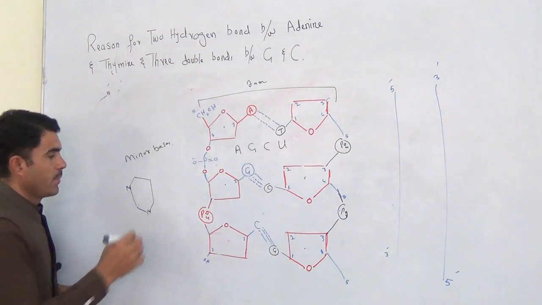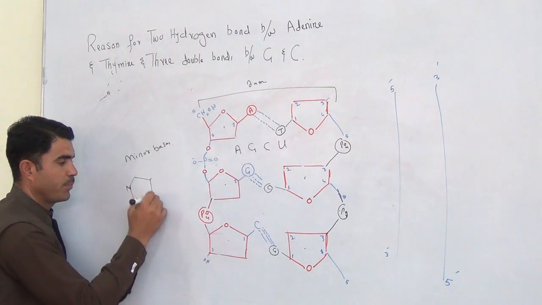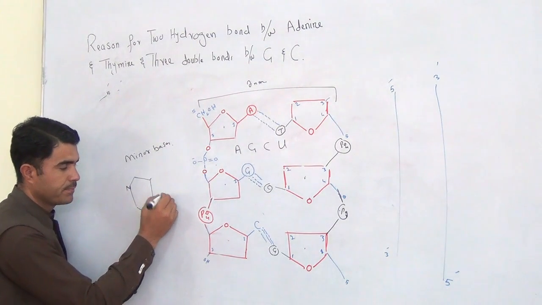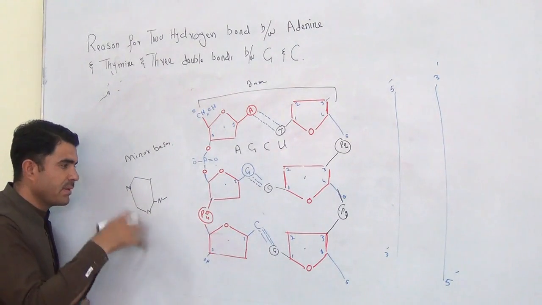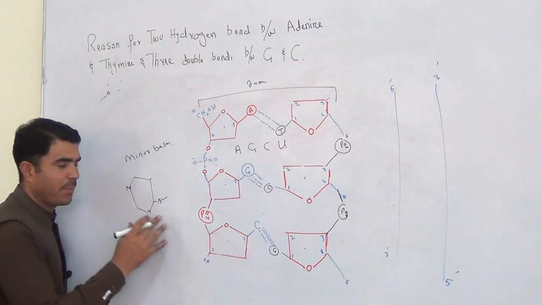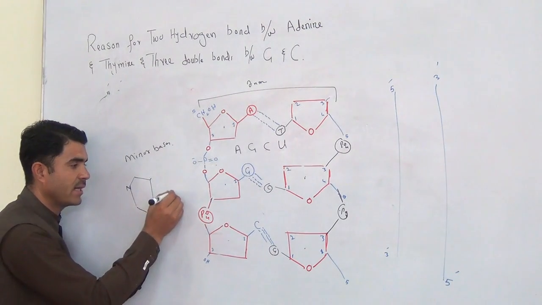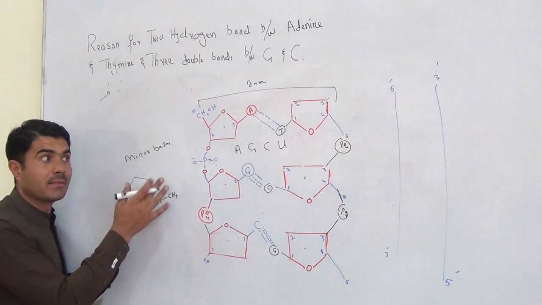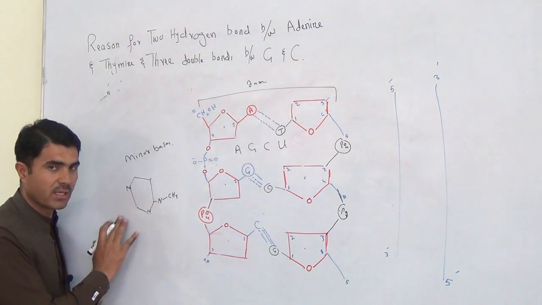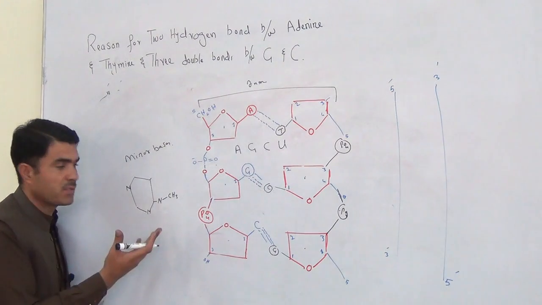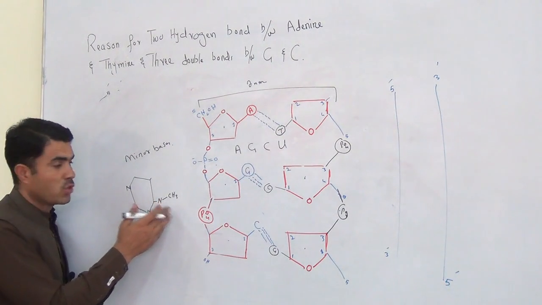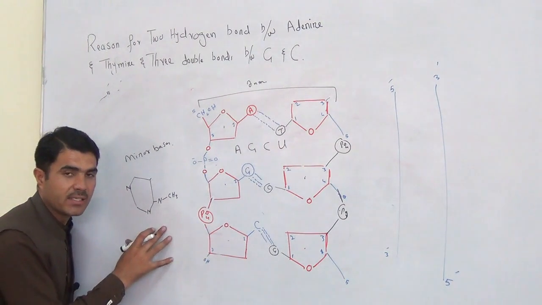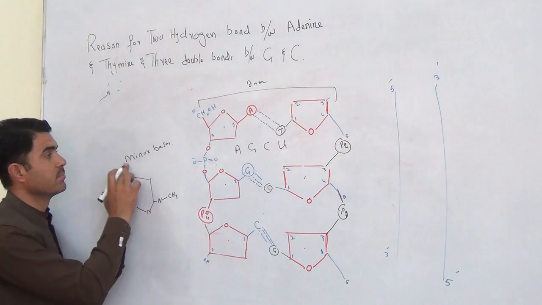Suppose here is nitrogen, and if I modify it, bring a small change here, if I bring a methyl group on this nitrogen, which was not present in the nitrogenous bases we discussed, this is a new kind of nitrogenous base that contains a methyl group, so we call it a methylated nitrogenous compound. Such modified nitrogenous bases are called minor bases.